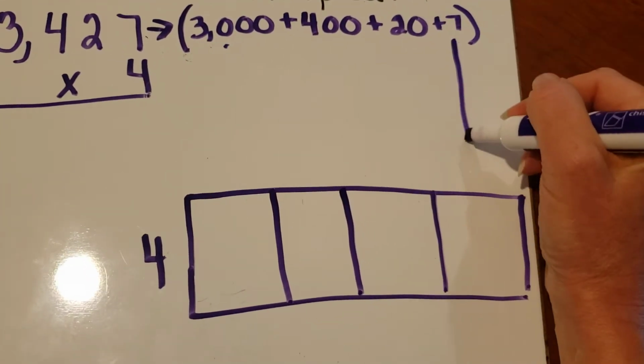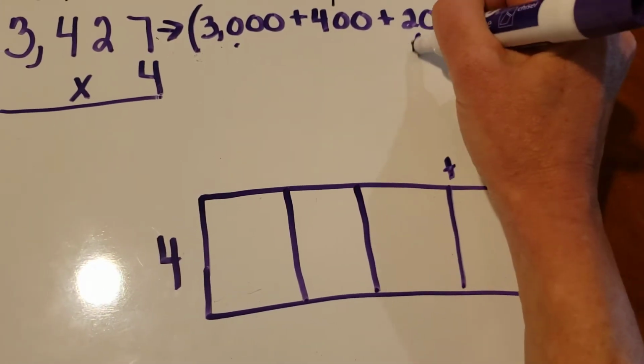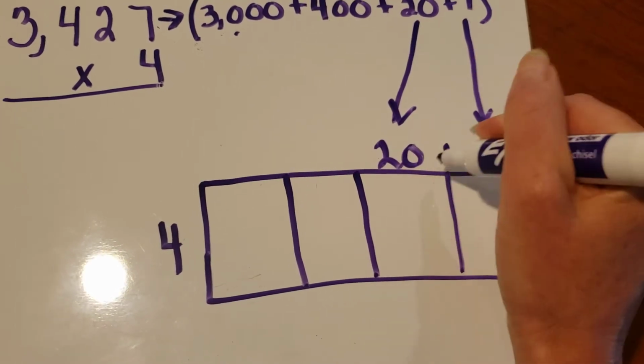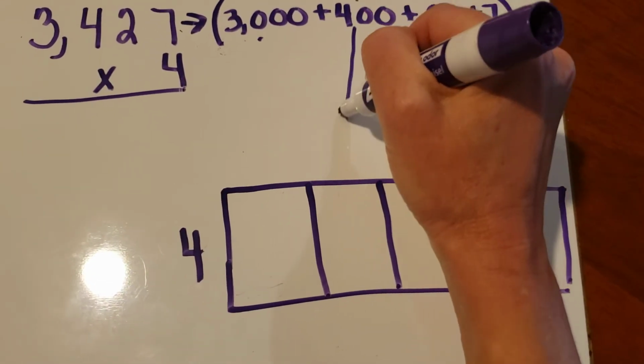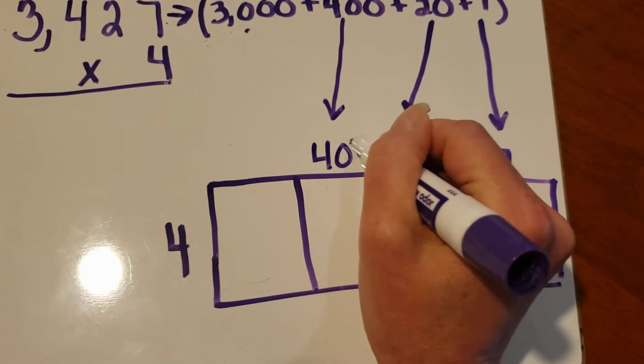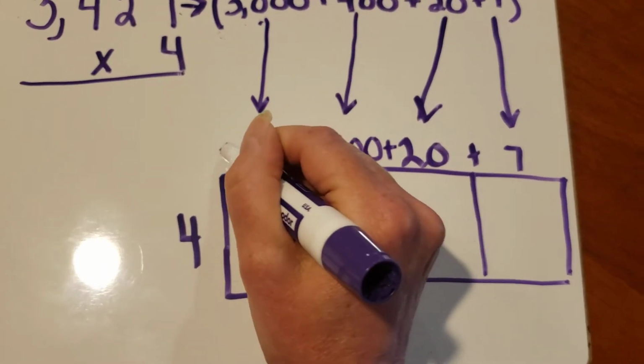So the 7 ones goes all the way to the right. The 2 tens, 20, is going to this box right here. We're going to put the 400 in the next place, and then finally the 3,000.